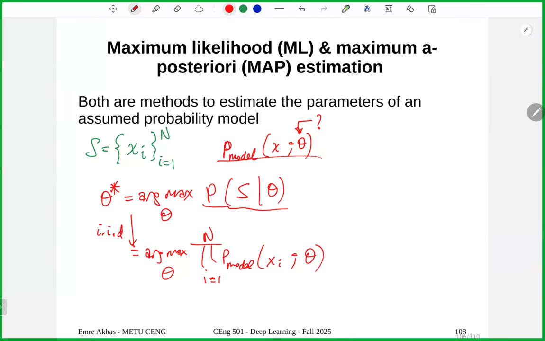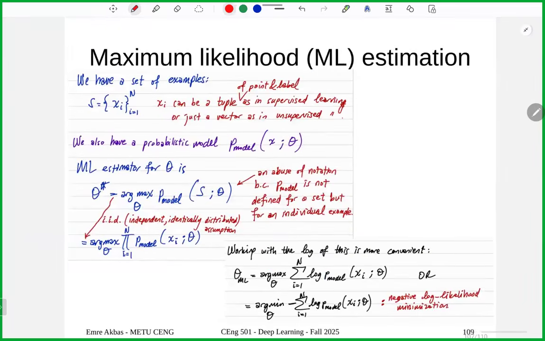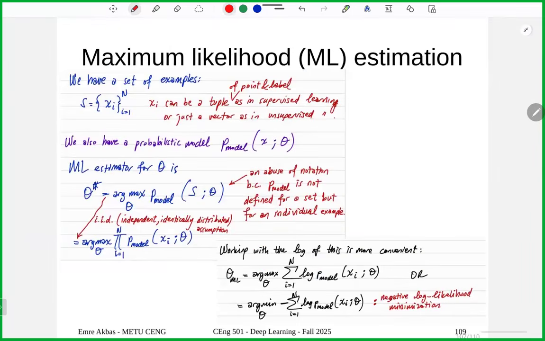So that's maximum likelihood estimation. And you can actually derive cross entropy from maximum likelihood estimation. Maybe we will do it next week.